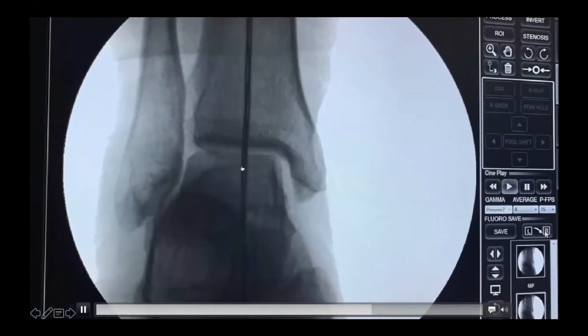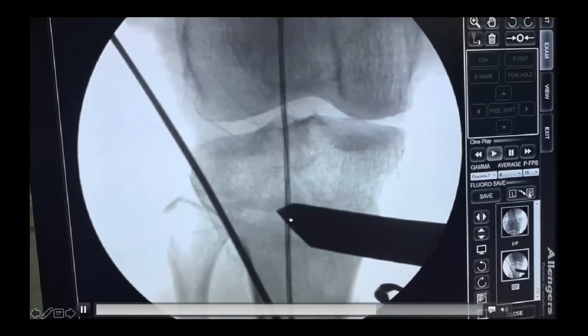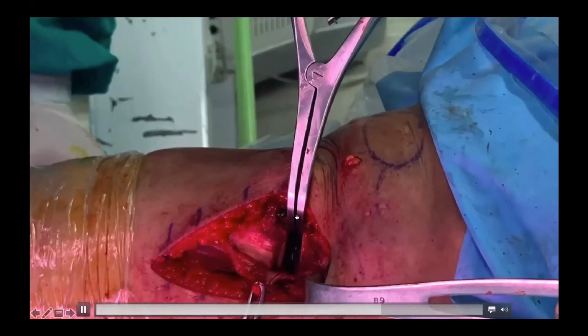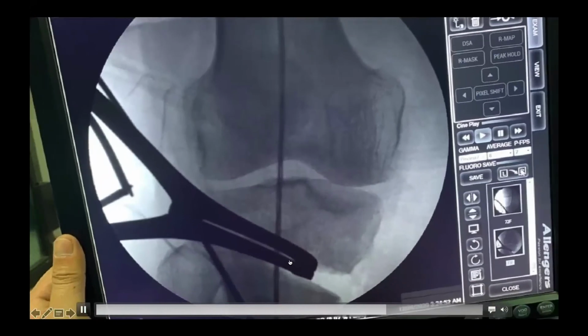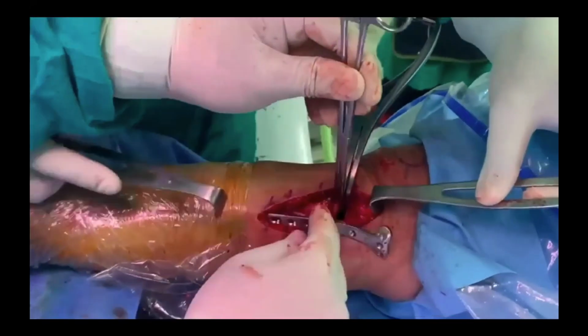Once you put it in both places, it has to go through the correct point. Now after 10 degrees of opening, it is going through the lateral compartment. Then you use a lamina spreader to maintain that opening. Then you use a TomoFix plate.